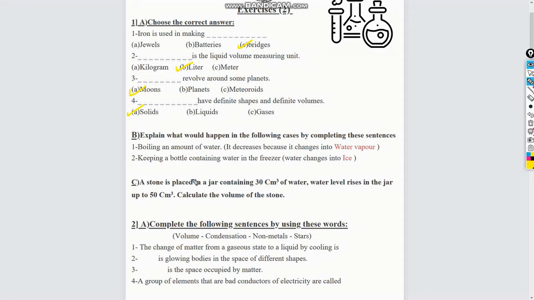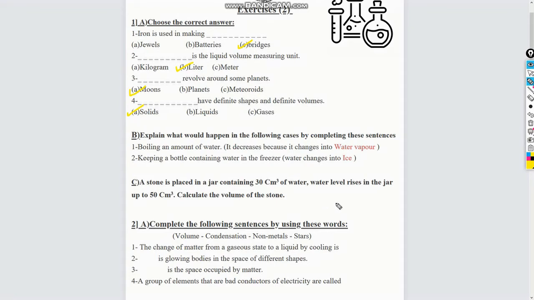A stone is placed in a jar containing 30 cubic centimeter of water. Water level rises in the jar up to 50 cubic centimeter. Calculate the volume of the stone. So we have two volumes.